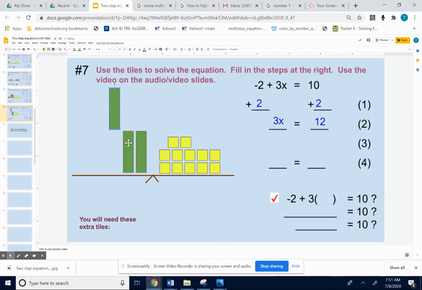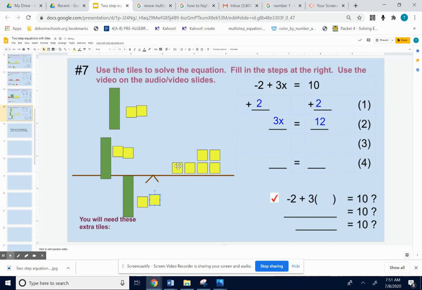You have 3 x's, and you want to split the yellow squares up evenly among your 3 x's. So record that step, and then type in for row 4 what each x equals.